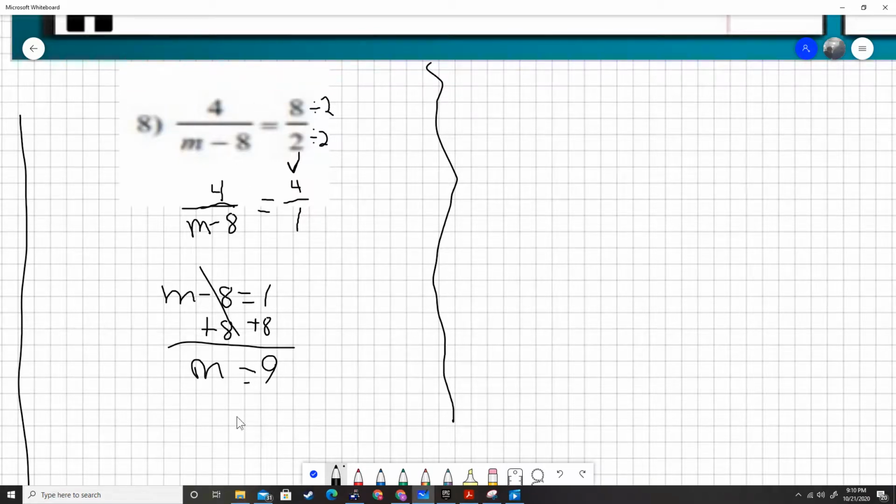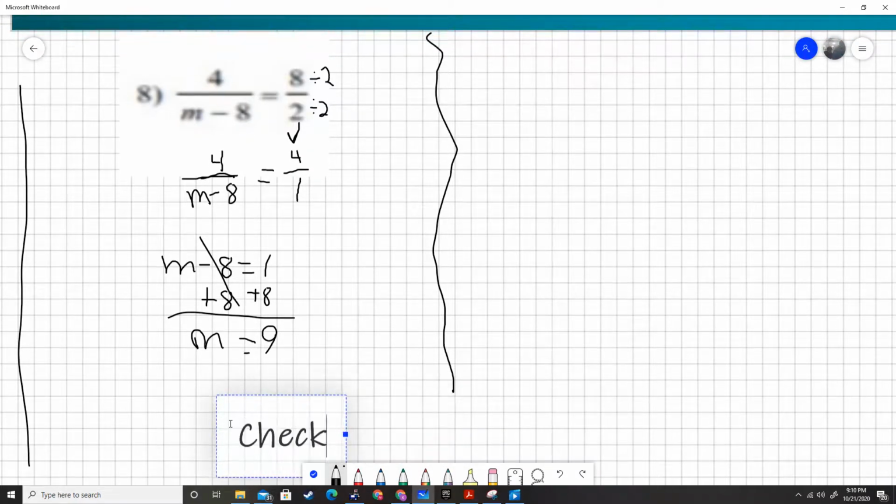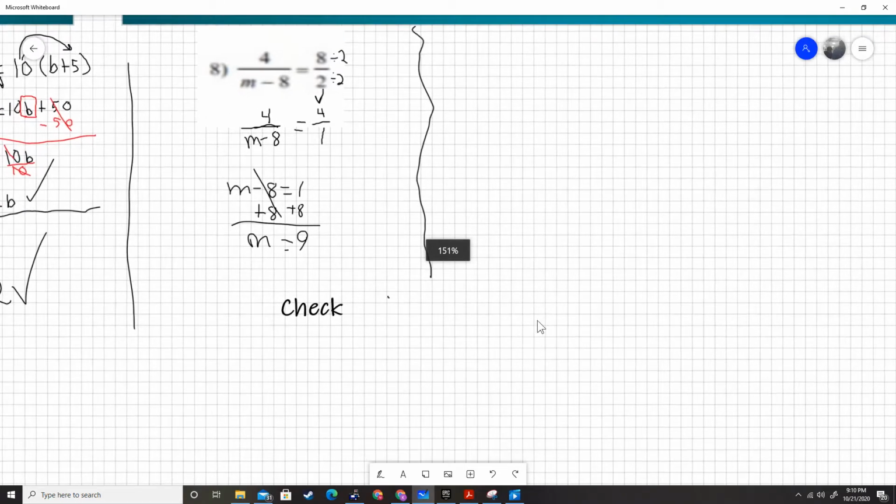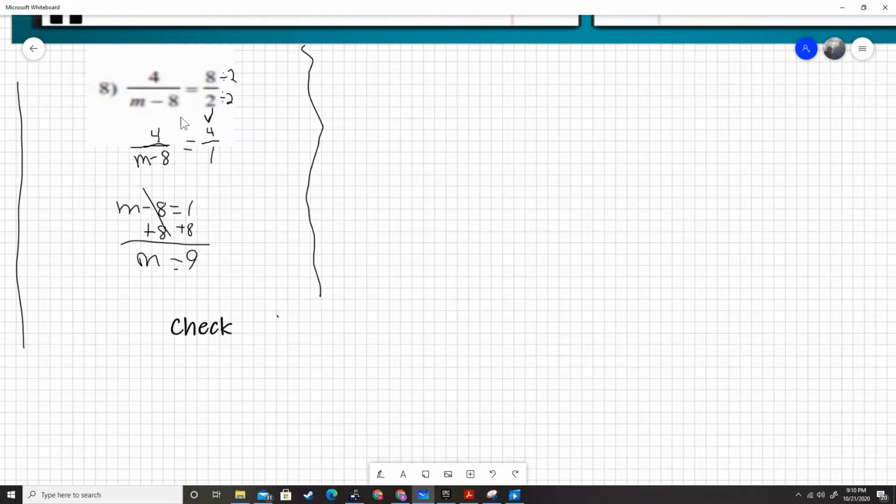Now if I double check my math and plug everything back in, we're going to go through and check. If I plug that 9 that I found in, then I should end up with two fractions that are equal to each other. So let's go through and do that. I have 4 over 9 minus 8, and that is equal to 8 over 2.